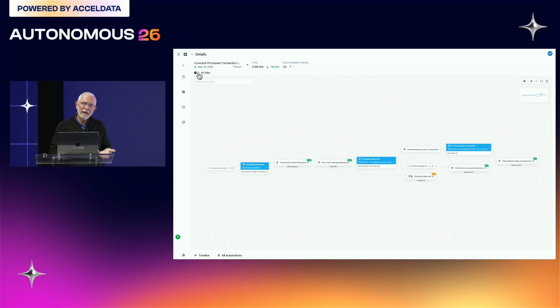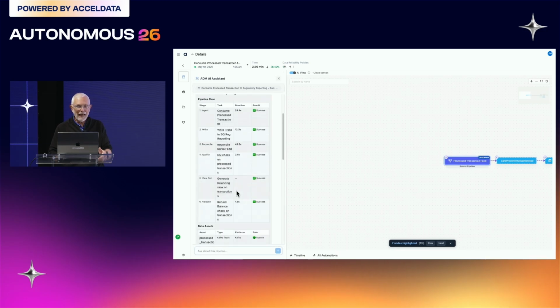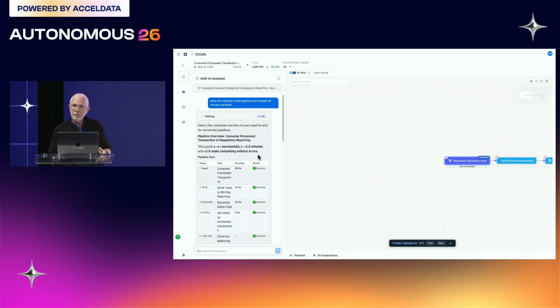Additionally, we've added AI components on top of that so that I can build an AI view and it can give me an enhanced view of these pipelines, understanding how to navigate through those, being able to ask questions about those pipelines, all in context where I'm working.